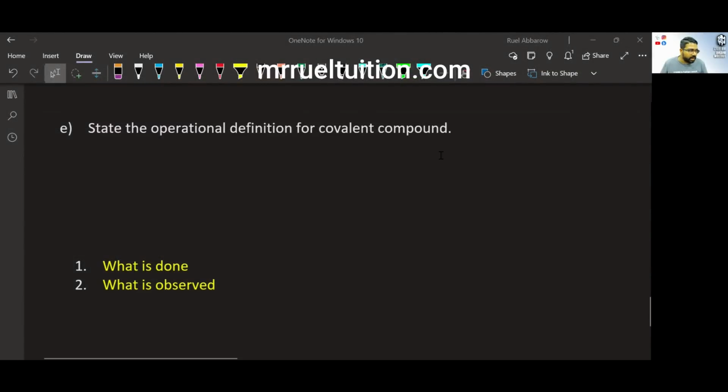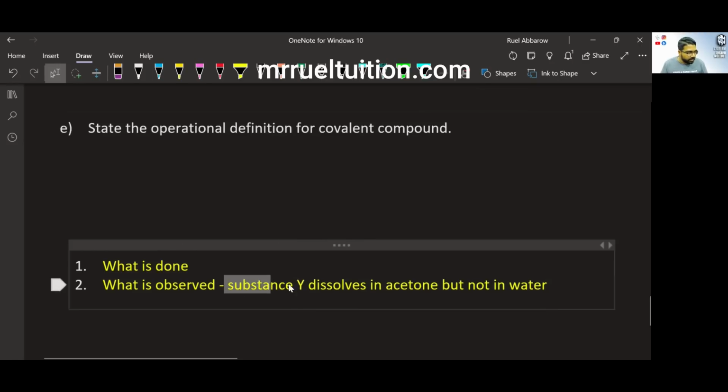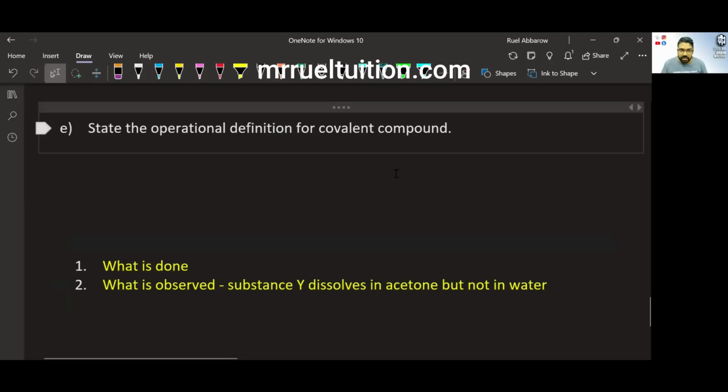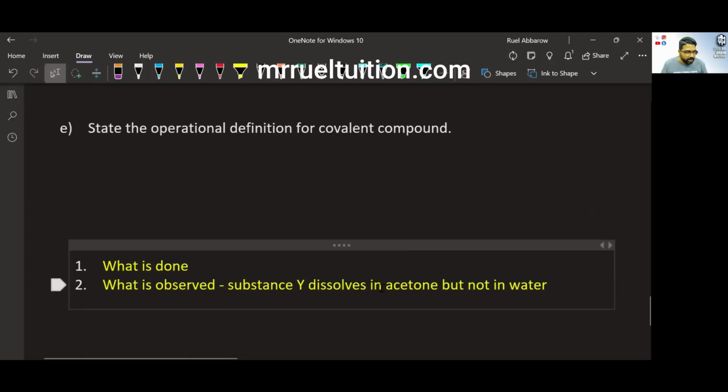It is substance Y, isn't it? Do use specific details in your answer. Don't give general answers. So what is observed? Substance Y dissolves in acetone, but not in water. This is what we observed for the covalent compound.